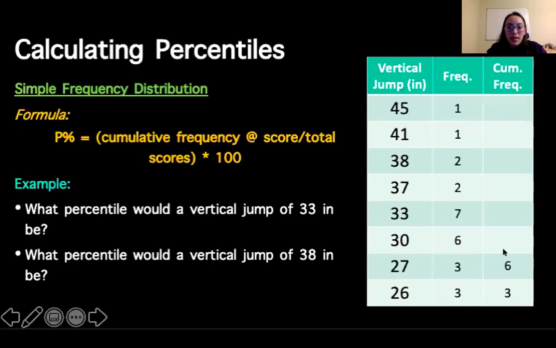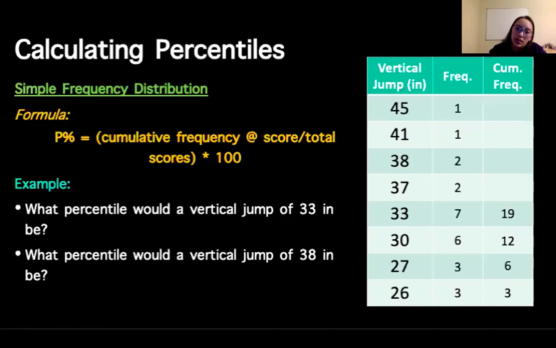Okay, so then we calculate cumulative frequency for a jump of 30, right? So we have 6 plus the frequency of the next group, and we would end up getting 12. And so we do this, add 7, and the cumulative frequency for people who jumped at least 33 inches would be 19.